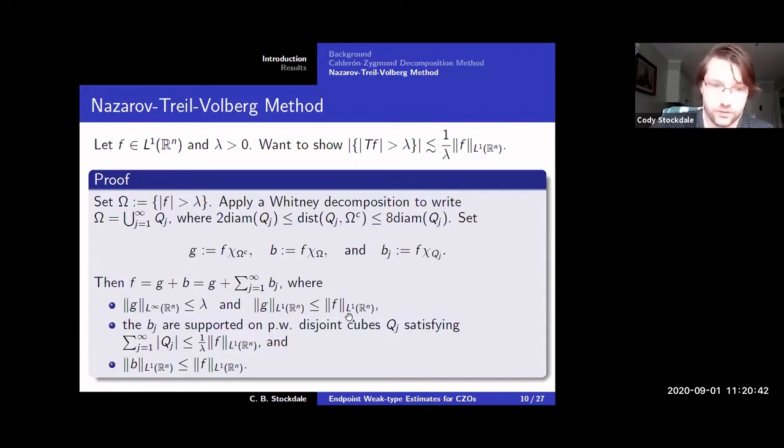And we still have this L1 control of B because, again, B is a restriction of F. But we don't have a couple of the other properties, meaning like we don't have the cancellation of the BJs. These functions BJ don't integrate to 0, which we'll have to get around in a little bit.